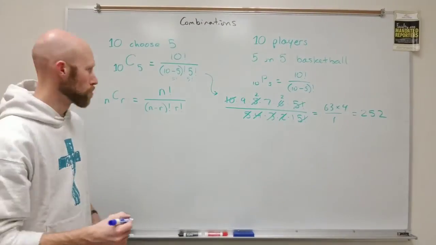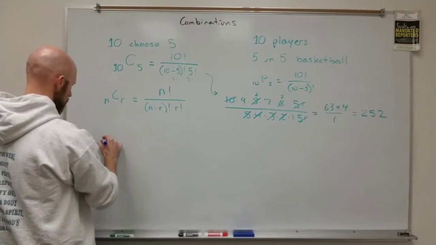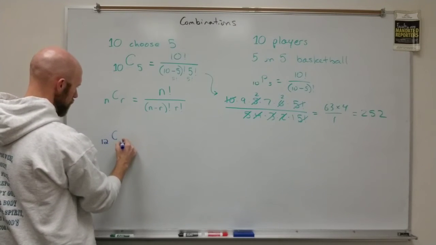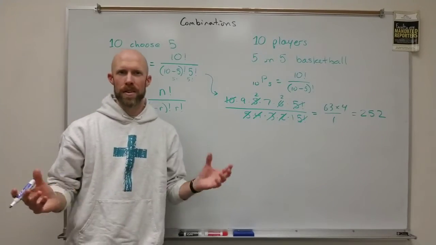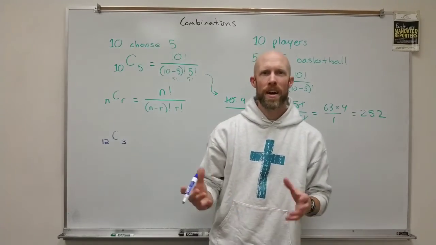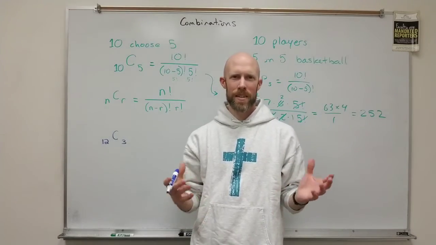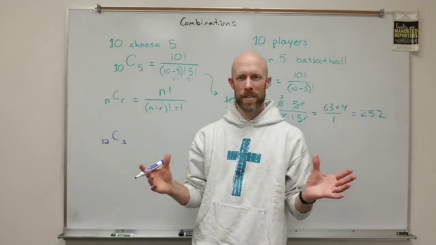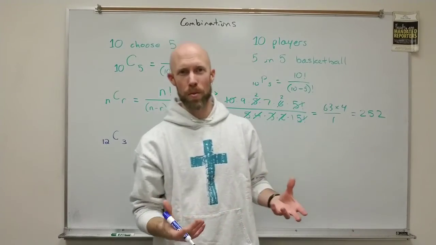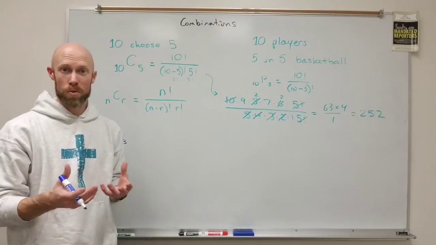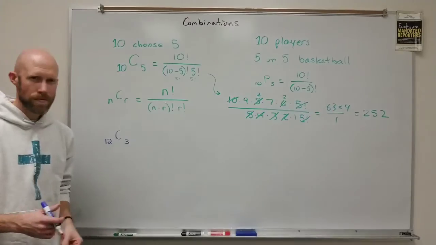If you wanted to compute 12 choose 3, for instance, if there were 12 faculty in the math division, which there aren't, but if there were and you had to put 3 of them on a committee, how many different ways could you do that? Again, the order in which you choose them doesn't matter.